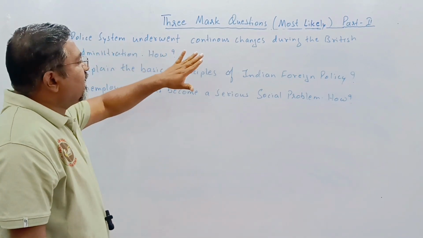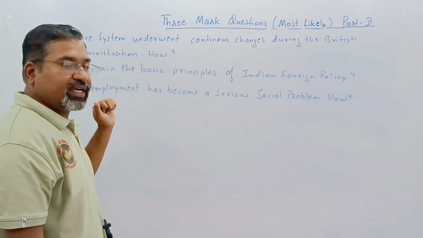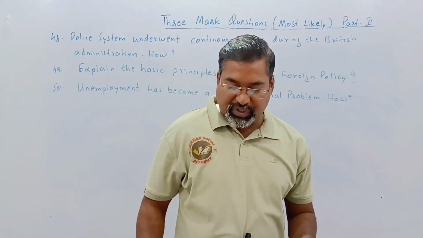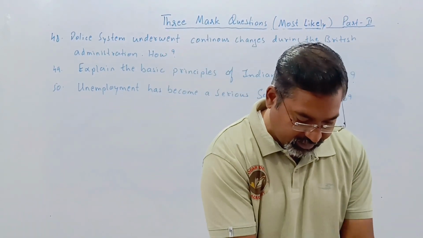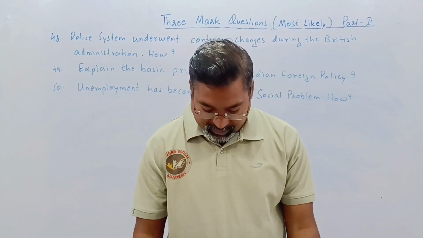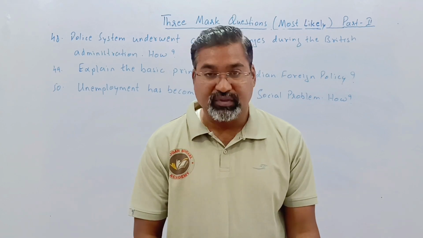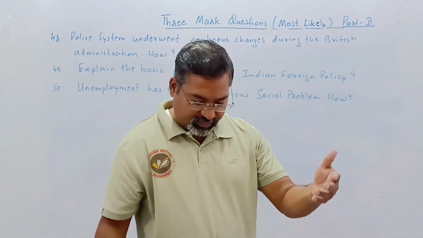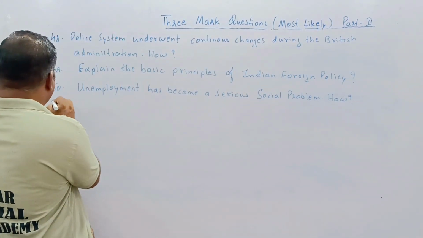How? So the police system underwent continuous changes during the British administration, how? Explain the basic principles of Indian foreign policy. Unemployment has become a serious social problem, how? So all these 50 questions are related to our 3 marks questions. If you go through these 3 marks questions properly, definitely you are going to get some good marks. And two to three more questions are there related to the 3 marks only.